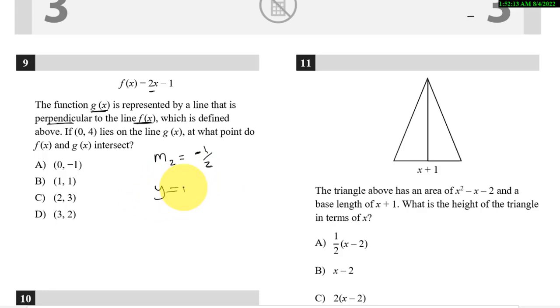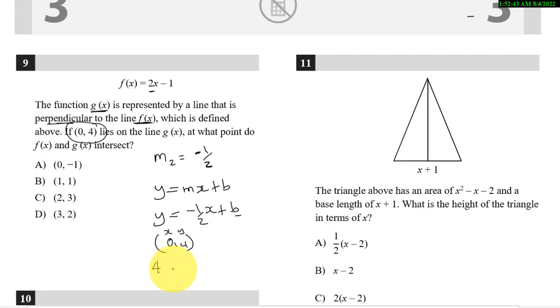So if the equation in slope-intercept form is written as y is equal to mx plus b, we have gotten the slope already. So we also need to find the b, which is the intercept. So we need to use the point that lies on the line. Using point (0, 4) means we substitute x for 0 and y for 4.